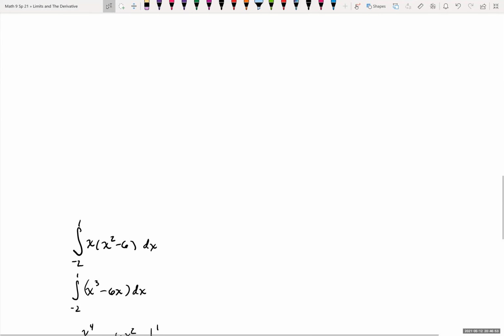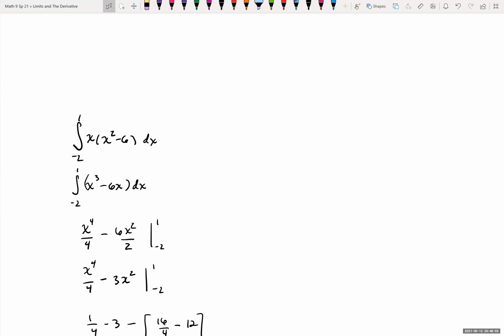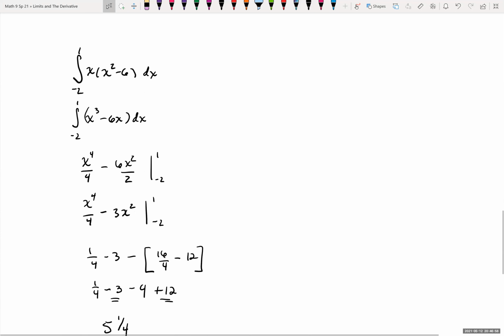So we're looking at that integral from -2 to 1 of x times x squared minus 6. The easiest thing is to first do your distribution before we find the antiderivative. Distributing the x in that integral, we get x cubed minus 6x dx.